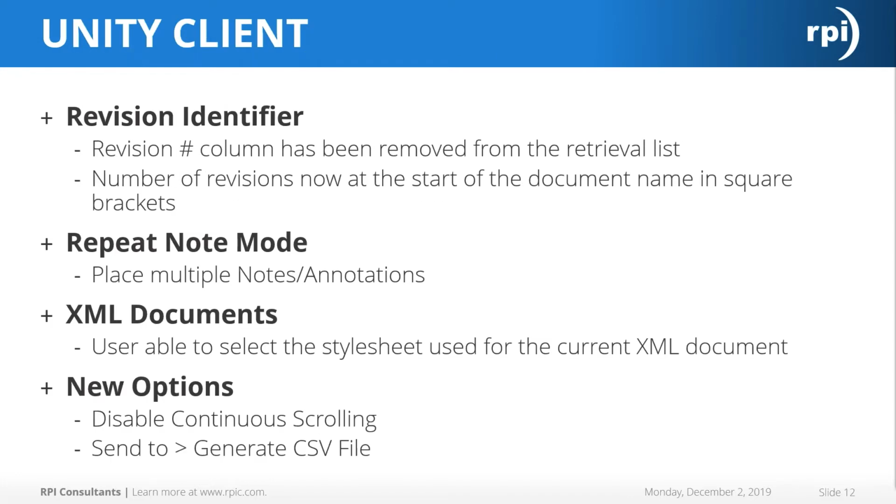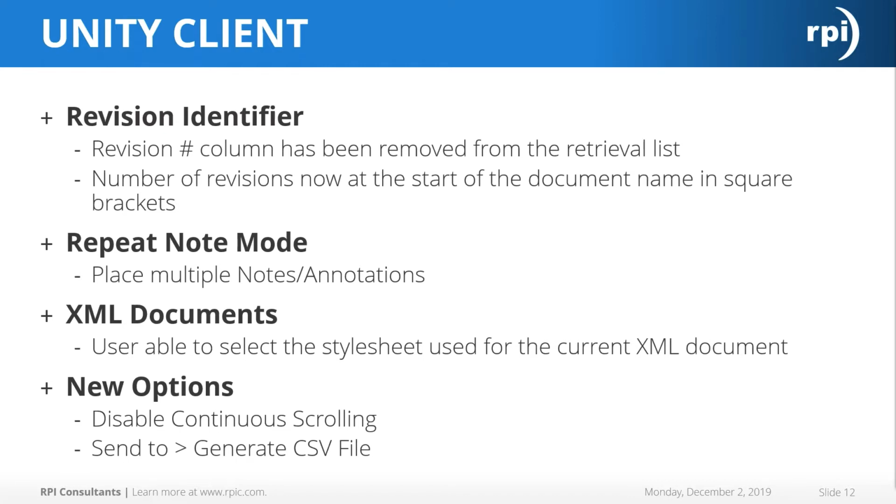In the Unity client, this one has quite a few changes and enhancements made. On your documents, if you're doing any revisions in the Unity client, in the previous Unity client versions, there was a revision number column that has been removed from the retrieval list moving forward. Now the number of the revisions will show at the start of the document type name in square brackets.